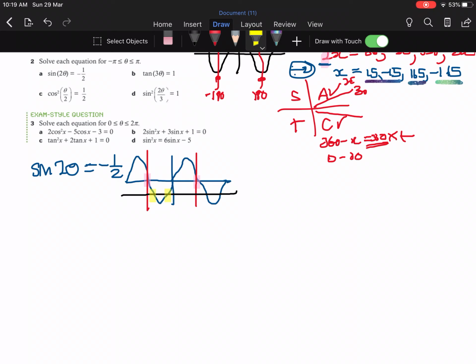But remember, I've then got to divide all my answers. So really what I'm finding, I'm going to find all of these and then divide it by 2. If it was just sine theta equals negative a half, for that range it would just be these two. But because it's got the 2 theta, I'm going to find them all and then I'm going to divide them by 2. I hope that's clear.